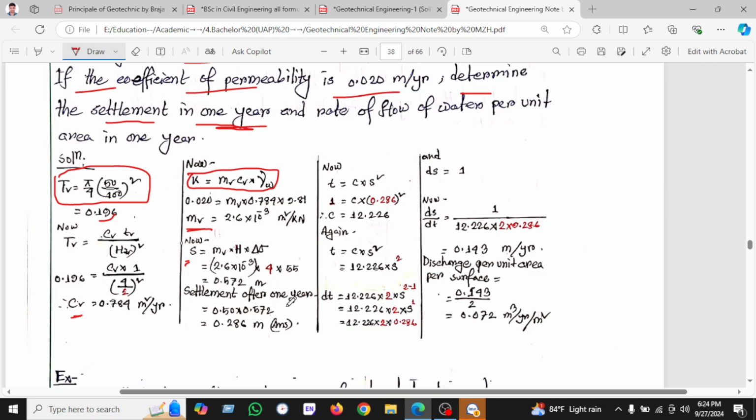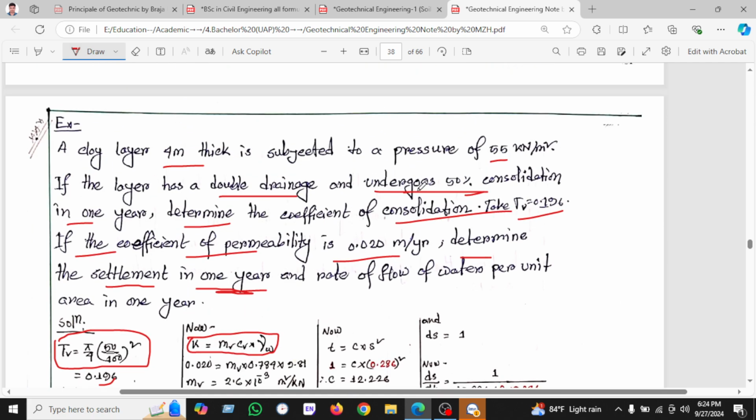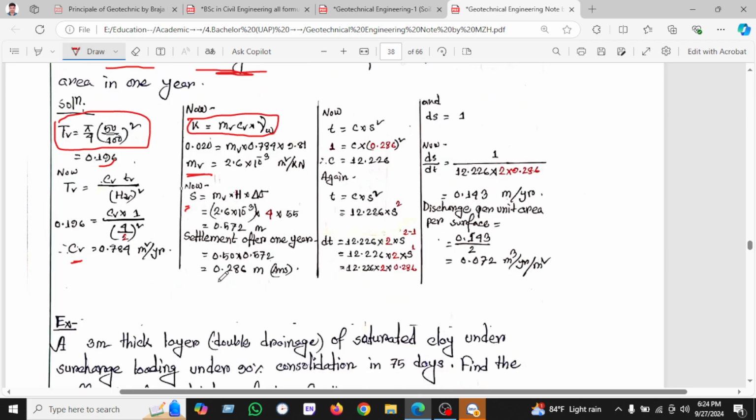So settlement after 1 year will be 50%. The question gives that it undergoes 50%, that's why we use this and find the settlement 0.216, which is at 50%. We can use another formula for T equal to here, find the value of phi, and if we put in this value of T, we find T also. DT is also found here.